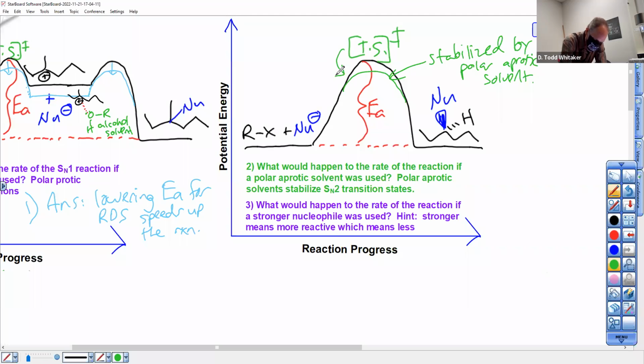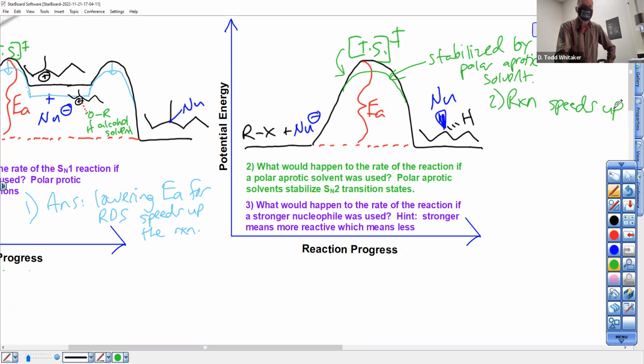So the answer to question 2: the reaction speeds up. Don't forget which reaction you're talking about. SN2. A polar protic solvent will speed up an SN2.